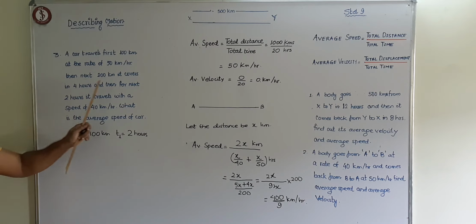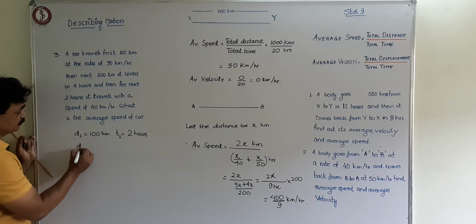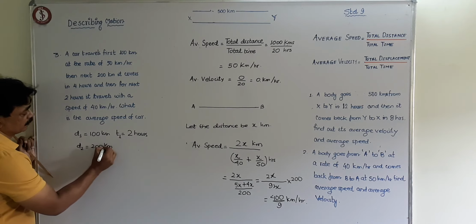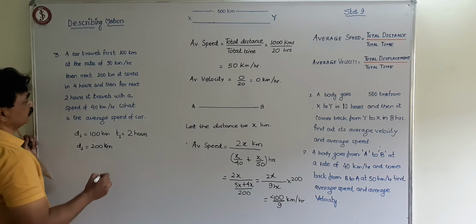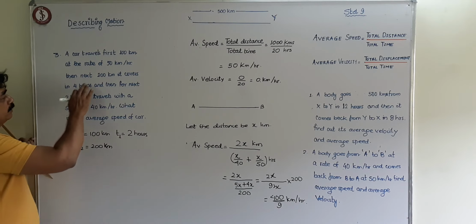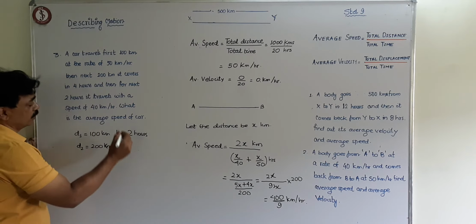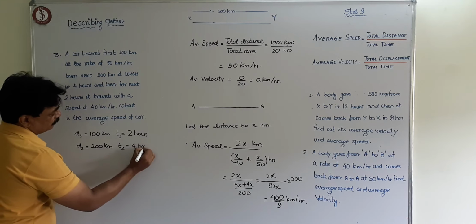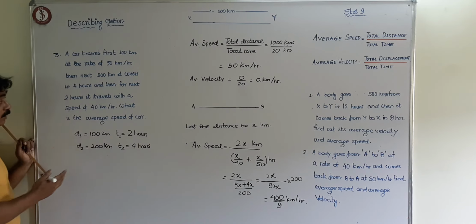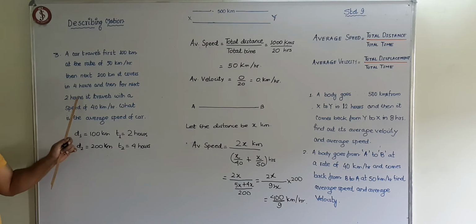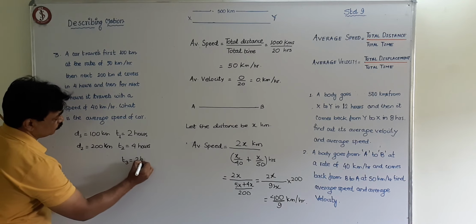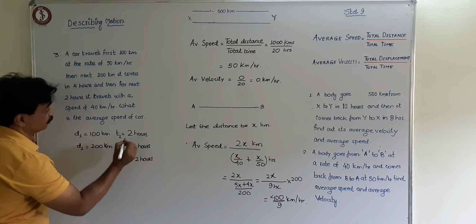Next, for next 200 kilometers, so that means again distance is given, 200 kilometers, it travels, and the next 200 kilometers it covers in 4 hours. Time 2 is also given, 4 hours, right? And then for the next 2 hours it travels with a speed of 40 kilometers per hour. That means time 3 is 2 hours, but it is traveling 40 kilometers per hour.